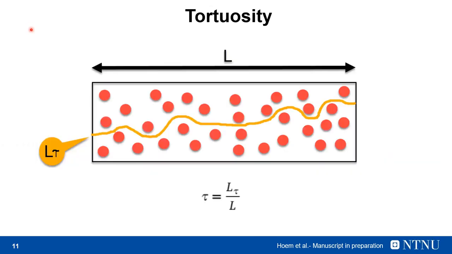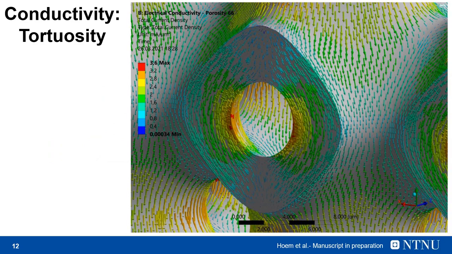One of the most important factors to understand when we talk about electrical conductivity is the tortuosity, which is the length which the electron travels through the structures divided by the length of the bounding box. Here we can see the Schwarzschild structures, which are plotted with the vectors describing the current densities.